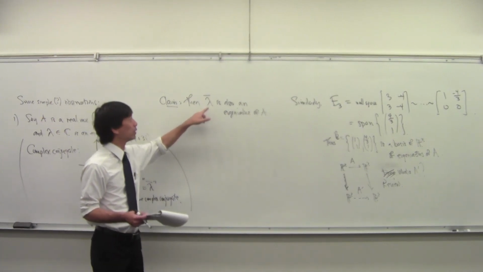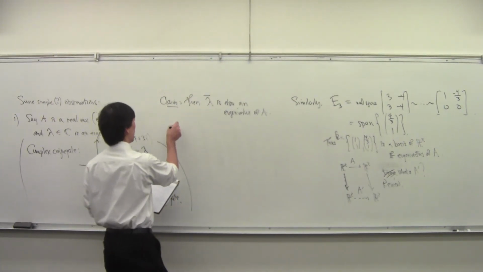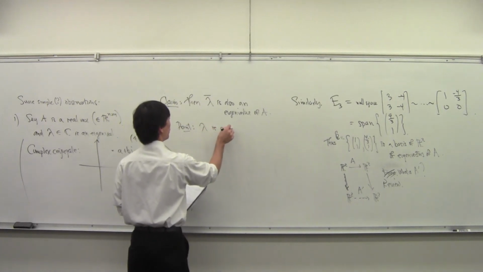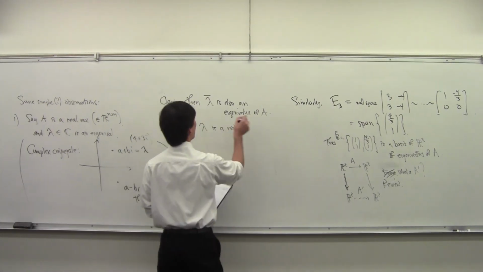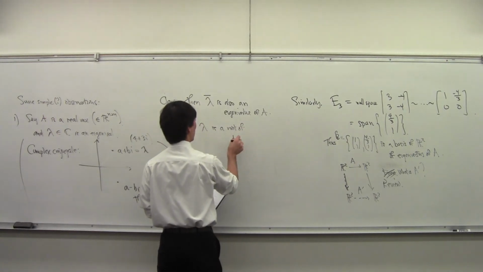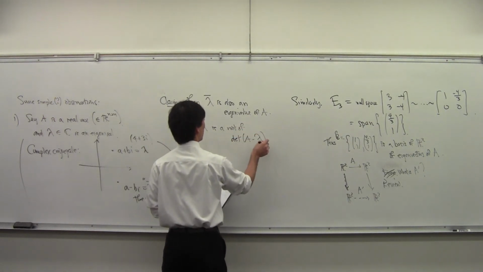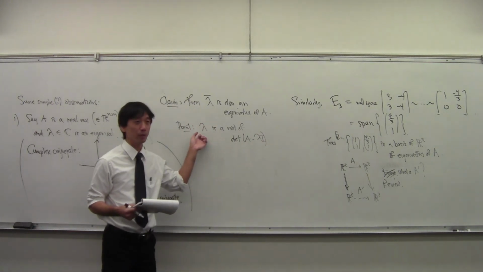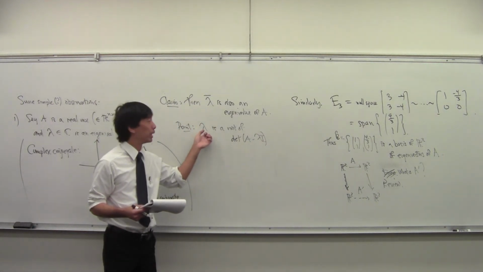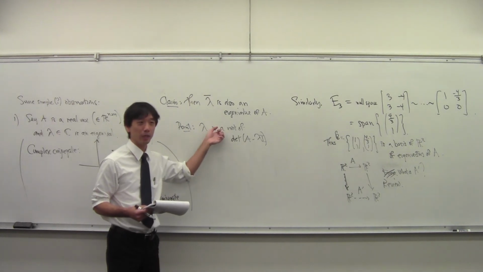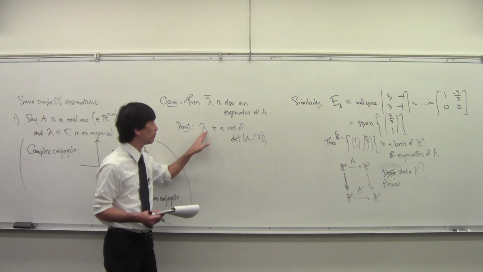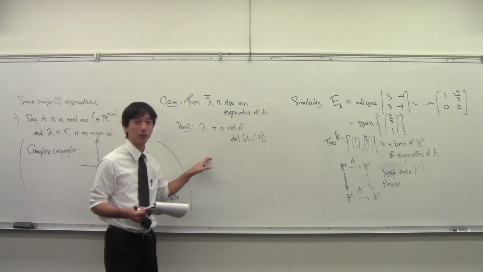The point is that lambda is a root of this real polynomial, and the roots occur in complex conjugate pairs, so if lambda is a root, then lambda bar is also going to be a root.